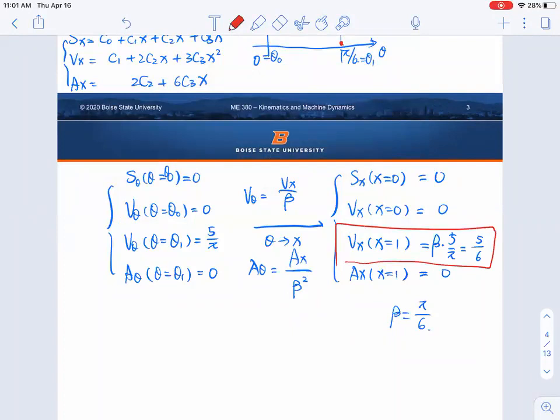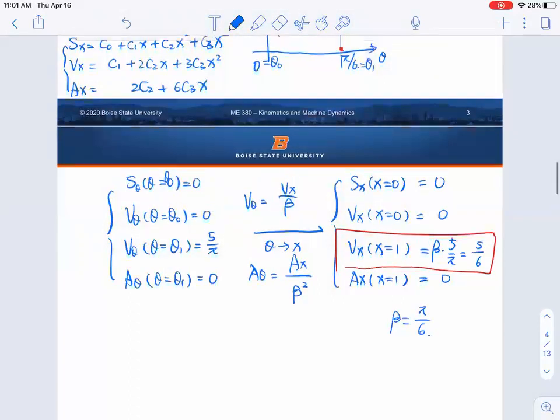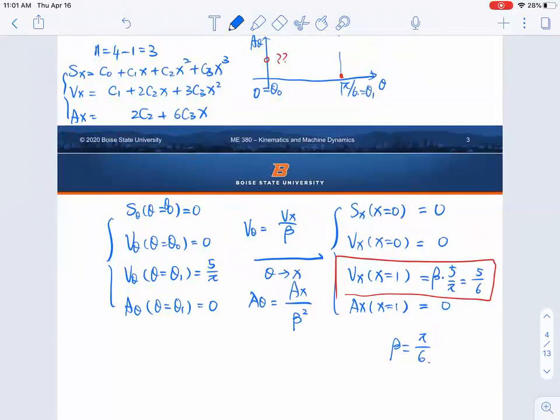When you want to find the equations in the x domain, you have to carefully transfer data between domains. You always need to go back to the triangle I provided. So 1, 2, 3, 4 equations, 1, 2, 3, 4 unknowns.